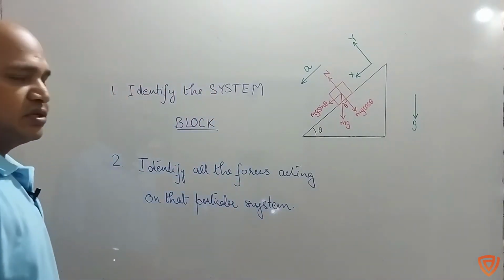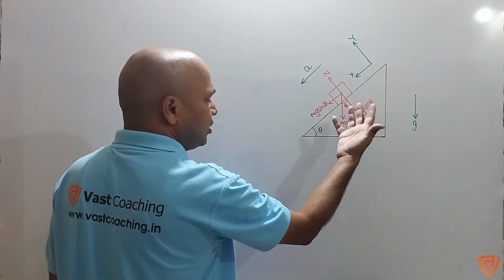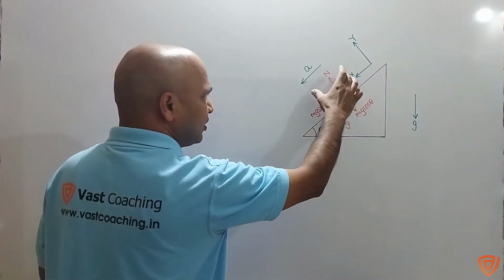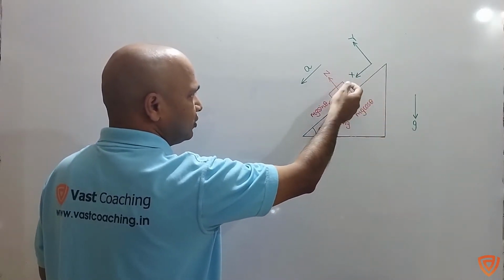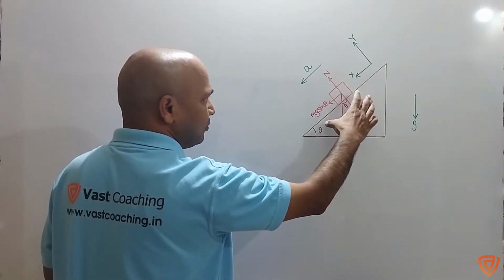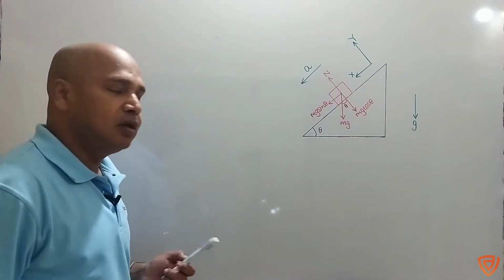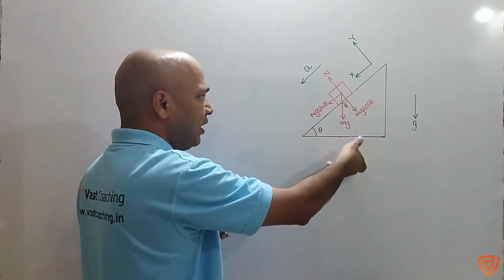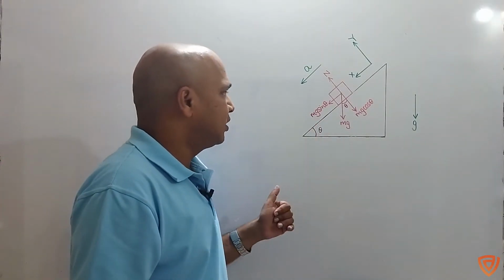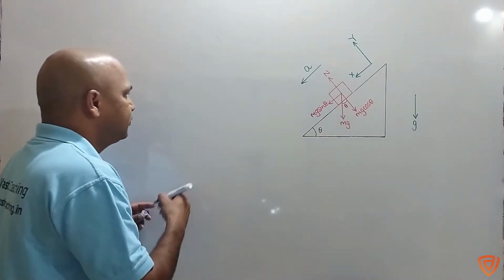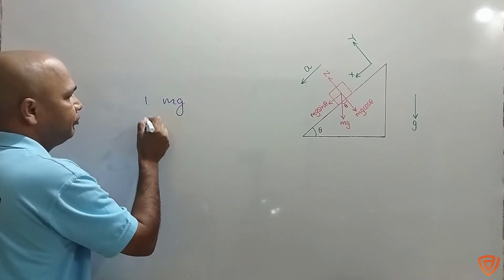What are the forces acting on that block? By our understanding, something is placed on some other body. Here our system, the red block, is kept on this black wedge, so of course the weight will be acting downwards. That will be the first force: the weight of the block.